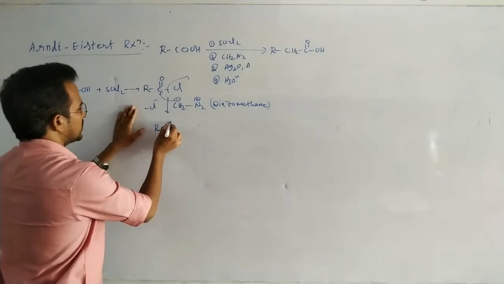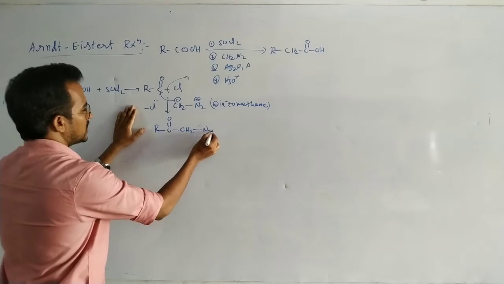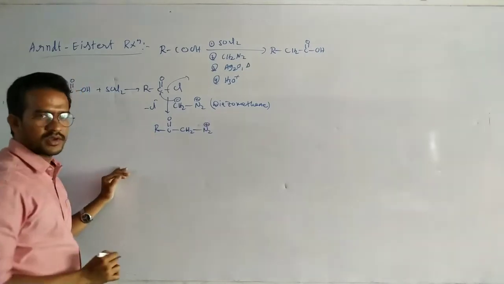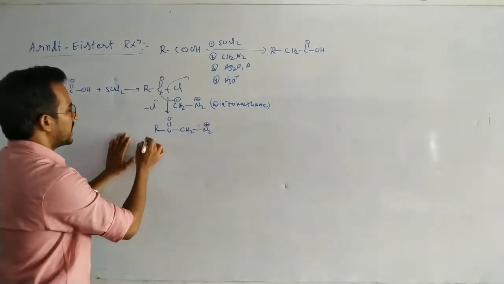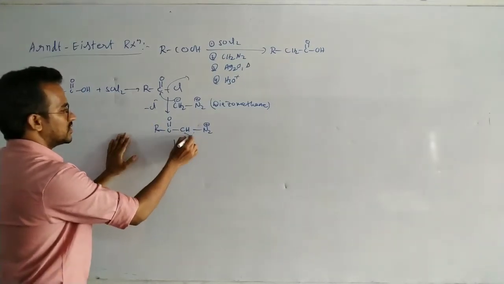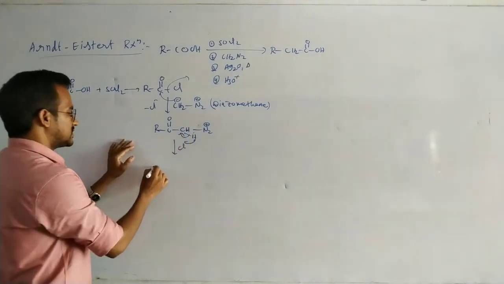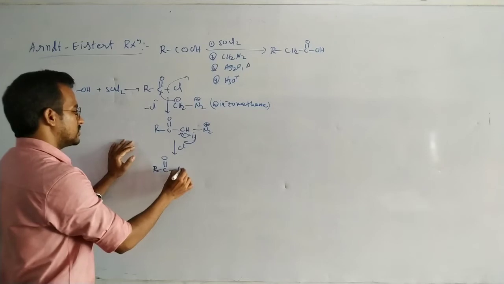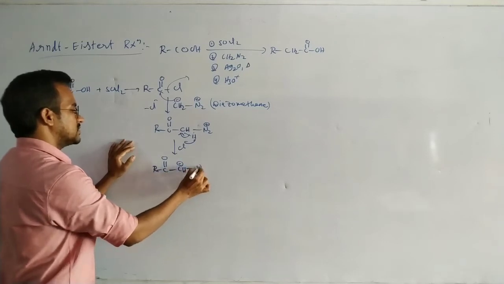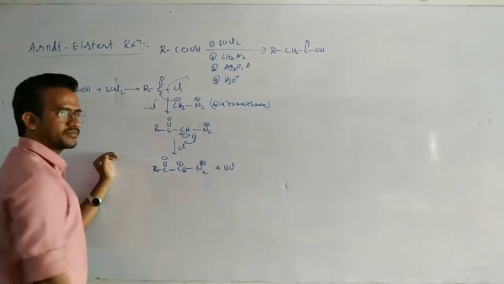So here RC double bond O, CH2, N2 plus. Actually, the Cl minus removes the proton from this carbon. As a result, RC double bond O, CH minus N2 plus, and HCl.